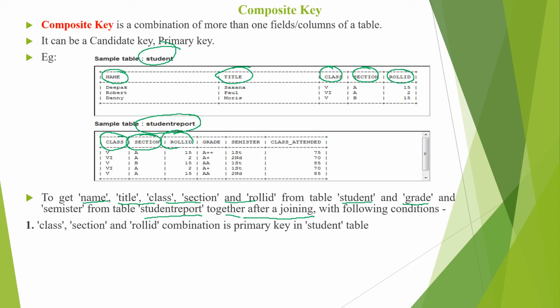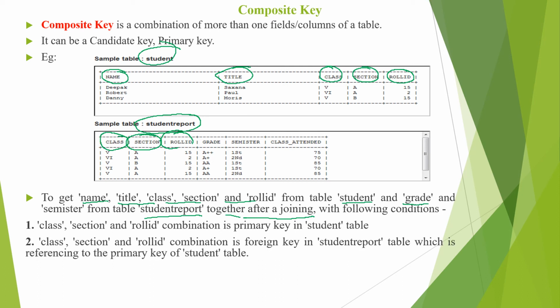The condition number one is that the class, section and roll ID combination is a primary key in the student table. Or else the second condition, the second composite key attribute I need to prepare, should include these attributes: the class, section and roll ID combination is a foreign key in the student report table, which is referring to the primary key of the student table.